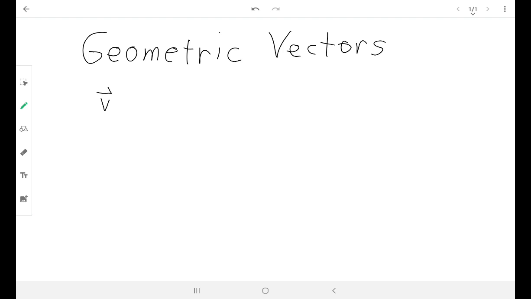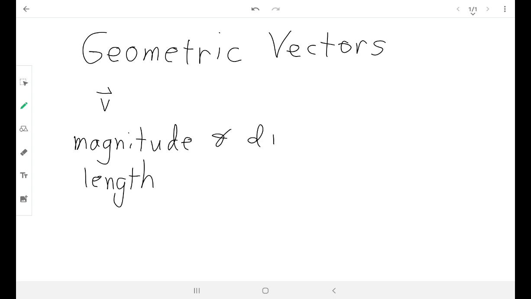And vectors have magnitude, which is their length, and they have direction, and almost always their direction is an angle measure.